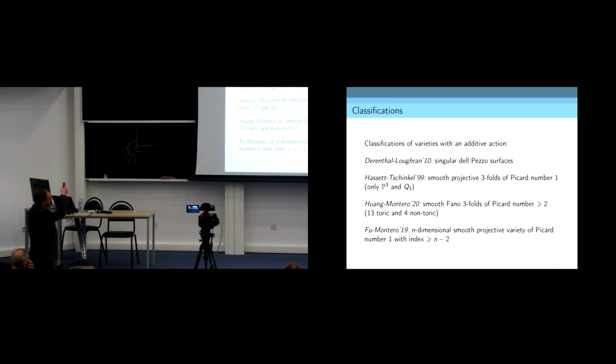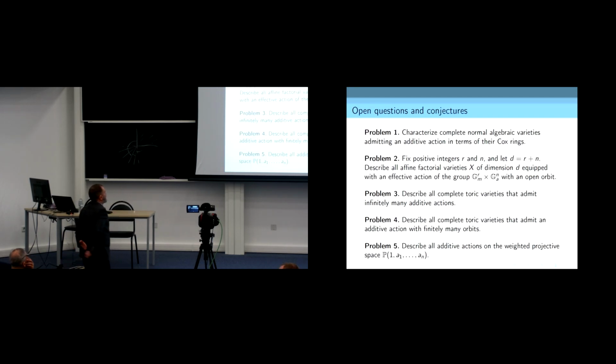And also I would like to mention classification results by other people: two-dimensional cases, singular del Pezzo surfaces, three-dimensional cases, and arbitrary dimension but with some condition on the index of the variety. These are some lists, something like 13 toric and 4 non-toric. But I obtained this result from some bigger classification. People just go through this bigger classification and take those which admit additive actions.